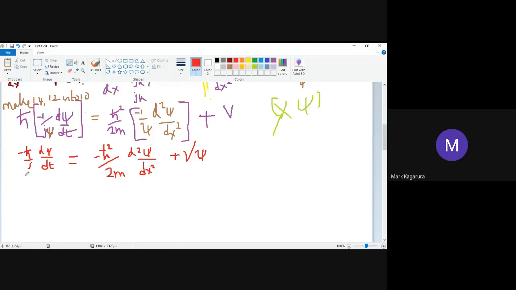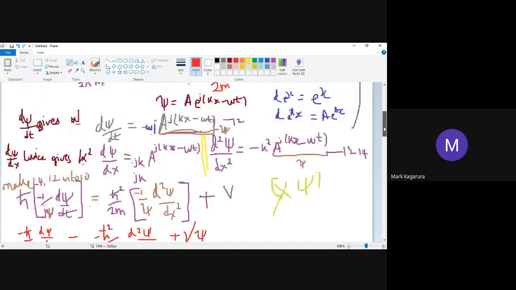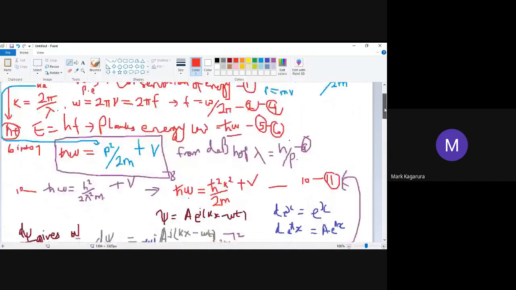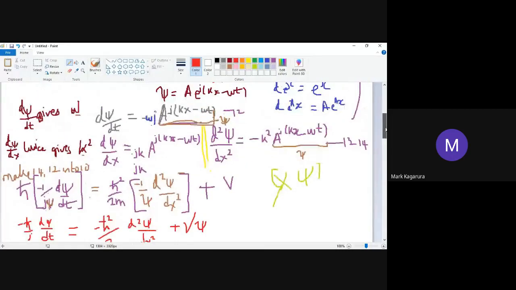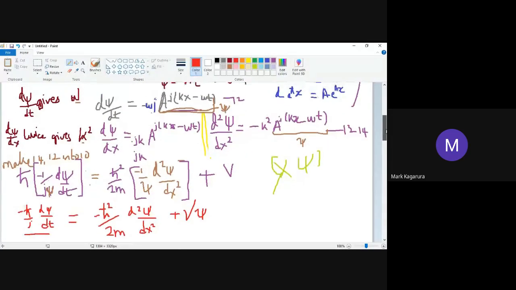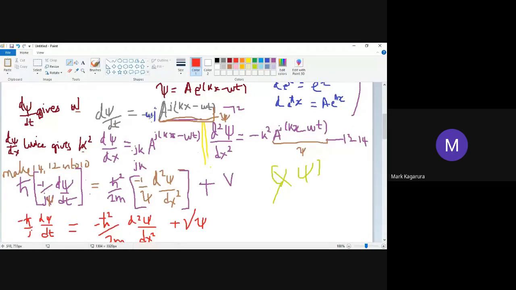So we just have this term here to take care of. And this term is actually the energy term. Because if we take away this, you remember that this d phi dt here is omega j psi. Yeah.